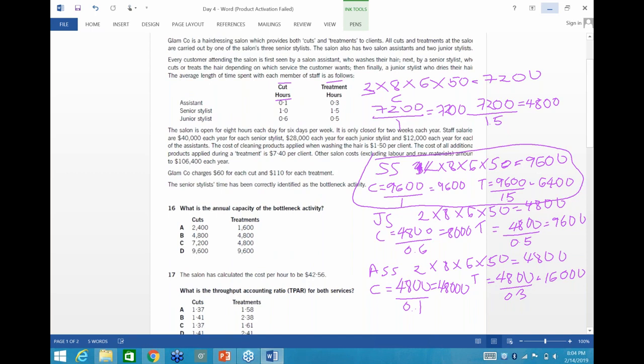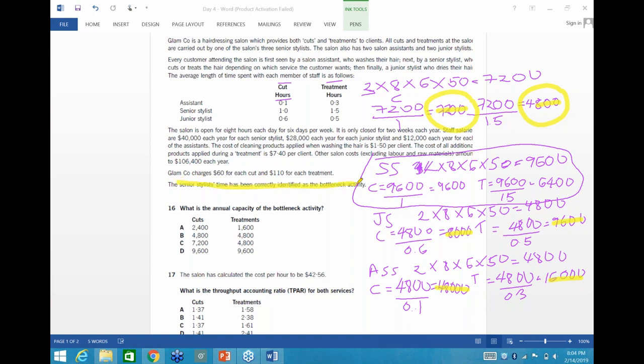So with the existing context, let me get the highlighter: 7,200, 4,800, 9,600, 16,000. That was my problem. That was my bottleneck, and they said that senior stylist time has correctly been identified as the bottleneck.